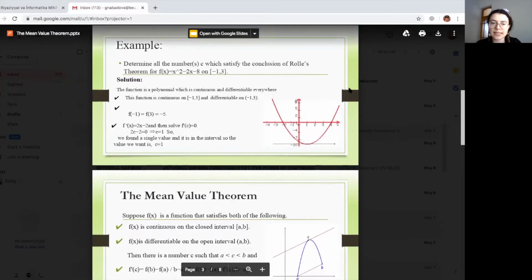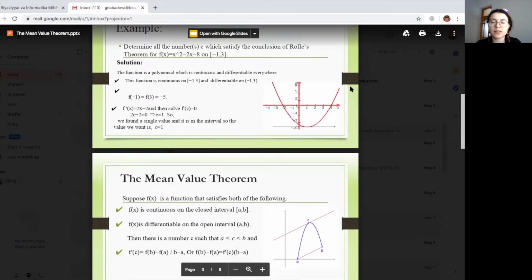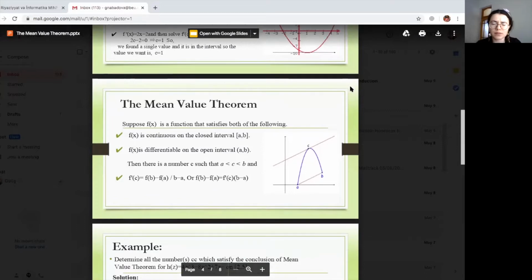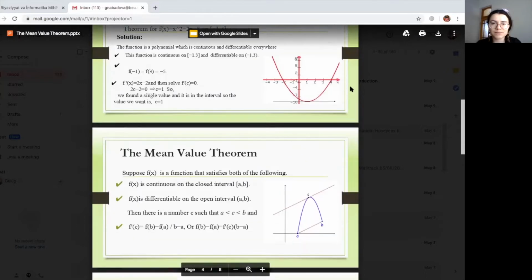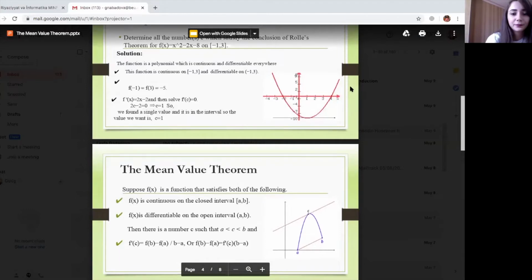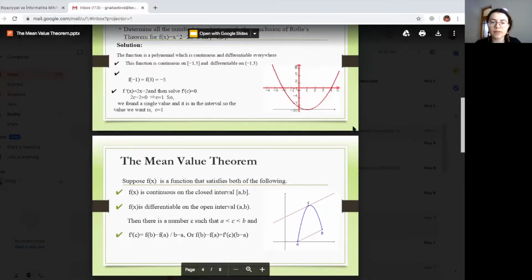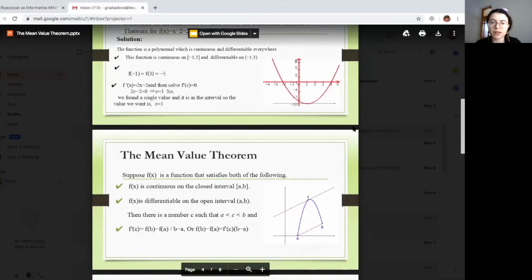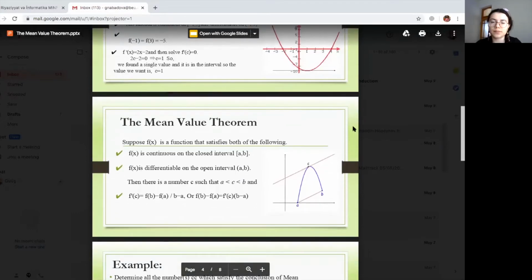First, the function is continuous on the closed interval [-1, 3] and differentiable on the open interval (-1, 3). Second, f(-1) is equal to f(3), which is equal to -5. The derivative f'(x) is equal to 2x - 2, and then we solve f'(c) = 0. We found a single value and it's in the interval, so the value we want is c equal to 1. And Ayşe?